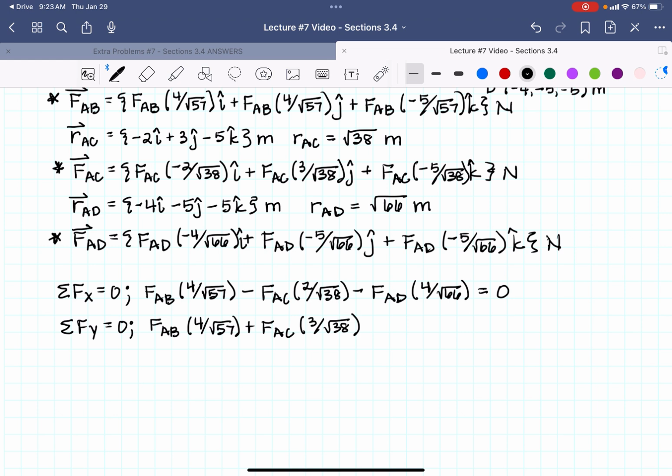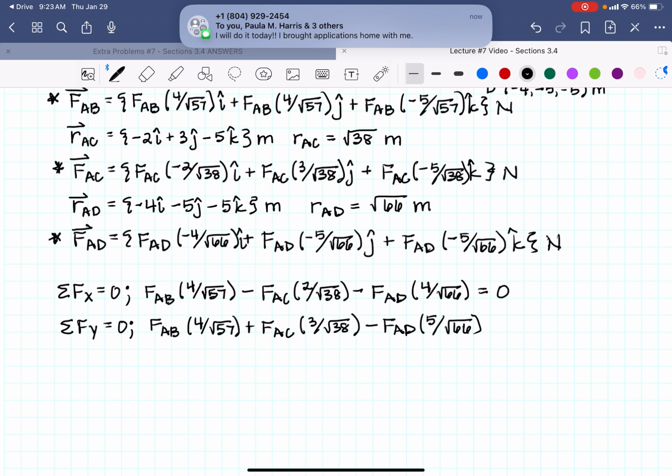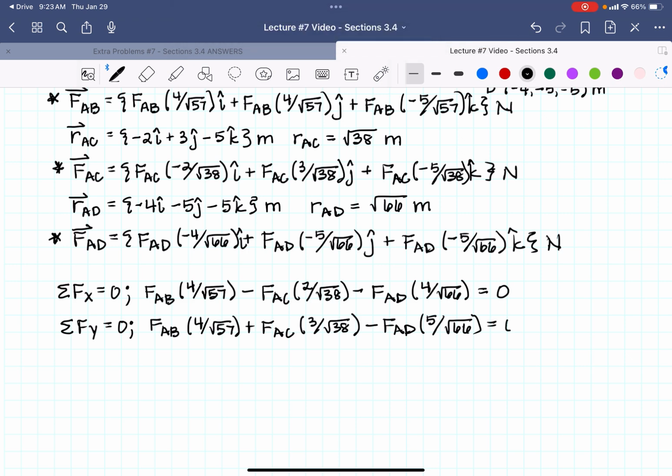And I have negative FAD times 5 over the square root of 66. Equals 0. Last one, there were no other forces in the y direction.